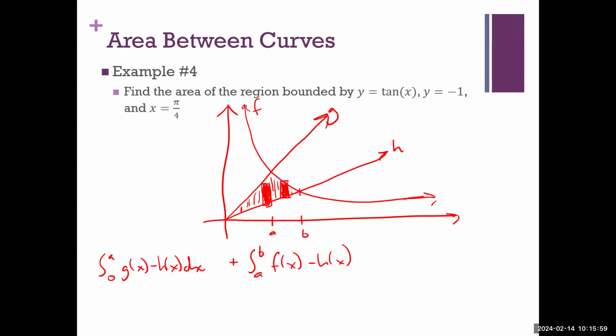So yes, there are three curves here, but no matter what value of x I choose, how many functions do I have to worry about? Two, right? So you have to make a decision on what those two functions are, depending on what value of x you care about, which is why I have to set up these two different integrals. From the y-axis over to point A, I'm trying to find the area between two straight lines.